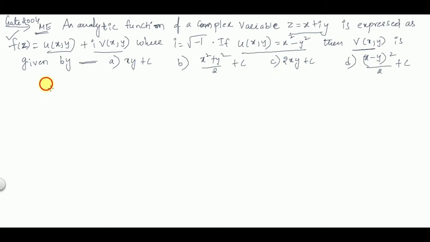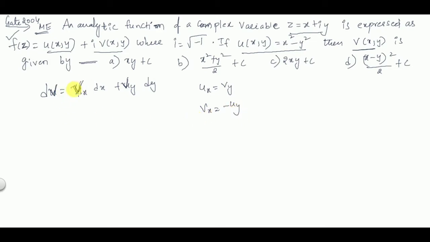Procedure is same. So du is equal to ux dx plus uy dy, but sorry, you have to find v. So dv is equal to vx dx plus vy dy. From Cauchy-Riemann equations, ux is equal to vy and vx is equal to minus uy.